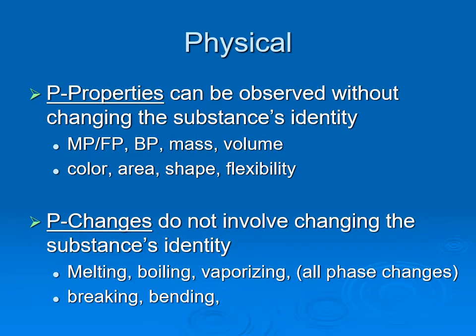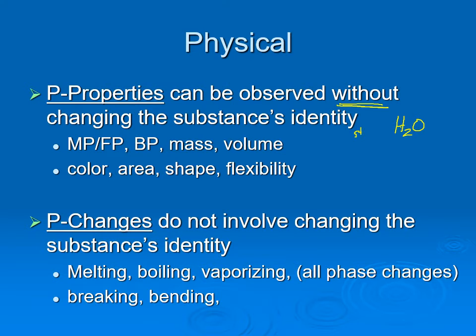Aside from looking at how much you have or what it's made of, we can also look at physical and chemical properties. Physical properties are properties that can be observed without changing the substance's identity. So what does that mean? Well, let's consider water. When you study water, it's water when you start, and it's water when you're done.